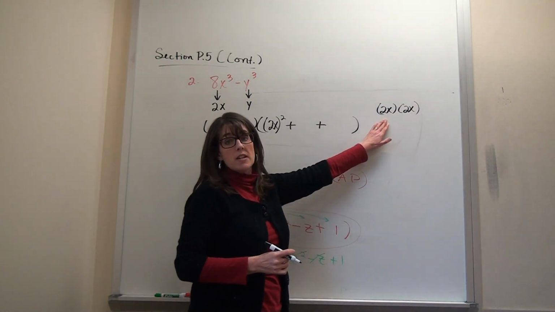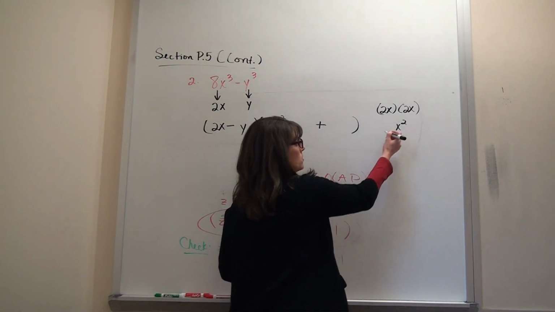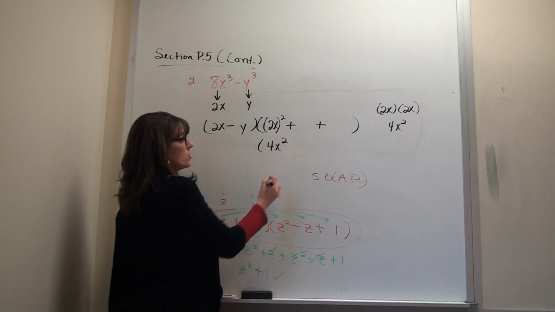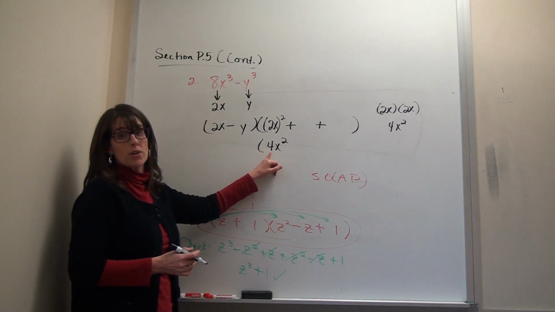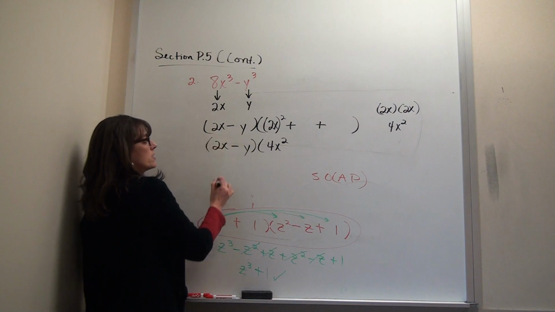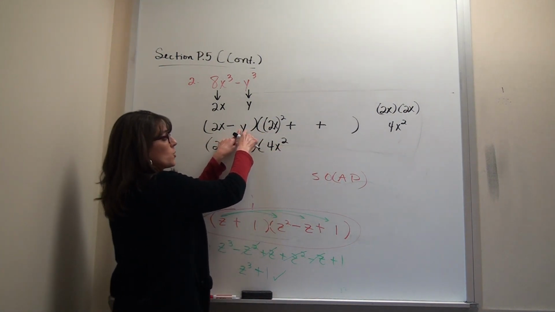Notice here when I multiply this, it's not just x times x is x squared, it's also 2 times 2 is 4. That's where most people mess up, is they forget that you need to square the entire quantity 2x. A lot of people will give me a 2x squared here. But just remember, it is the entire quantity squared. Now remember, in the back, I'm going to take this and square it for the back.